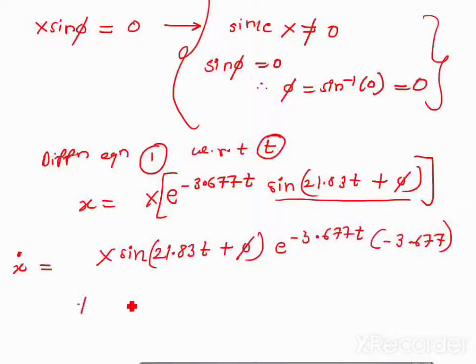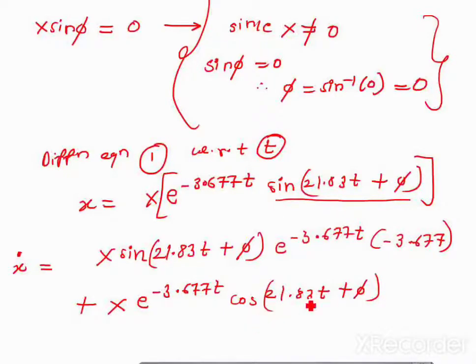Plus X into e raised to minus 3.677t as it is, and the derivative of sine is cos, so cos of 21.83t plus phi, and phi is an arbitrary constant. The derivative of 21.83t is 21.83. So this is how I have got x dot.